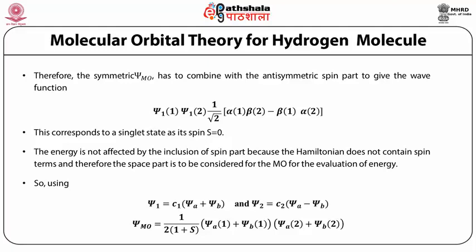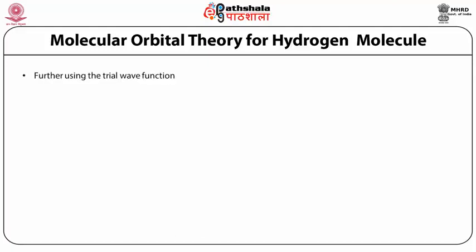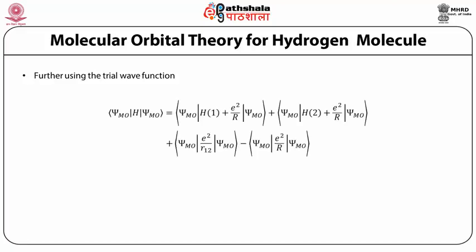and using the trial wave function psi MO, H expectation is equal to psi MO H1 plus e square upon R psi MO plus psi MO H2 plus e square upon R psi MO plus psi MO e square upon R12 psi MO minus psi MO e square upon R psi MO.